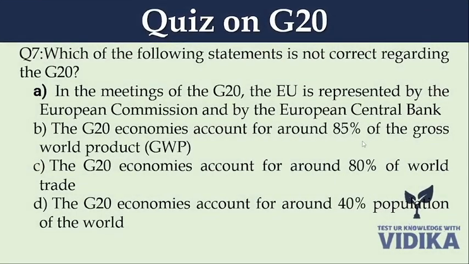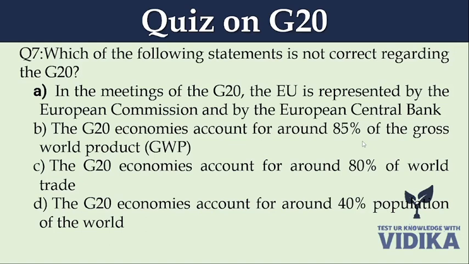Which of the following statements is not correct regarding the G20? Option A. In the meetings of the G20, the EU is represented by the European Commission and by the European Central Bank. Option B. The G20 economies account for around 85% of the gross world product (GWP).